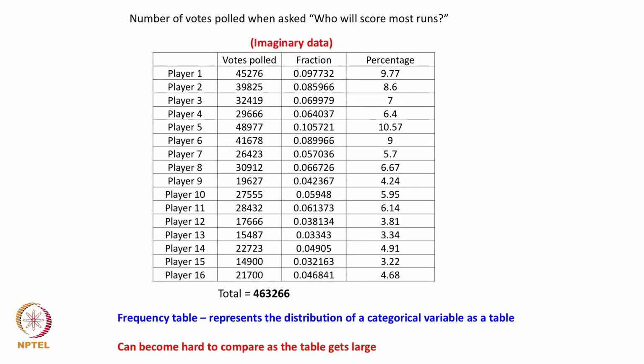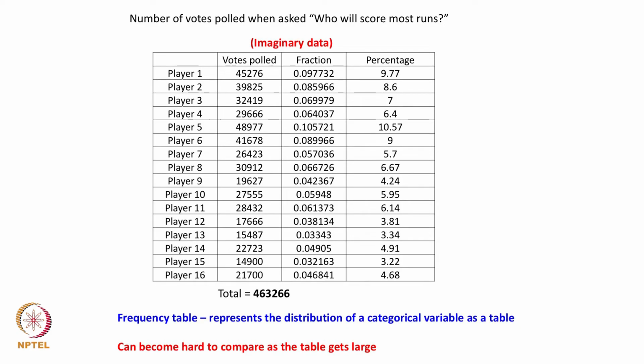And the users could pick a certain player, and let us assume that these are the names of the players who were actually voted for by people, and this is the number of votes that were polled by each of these players.